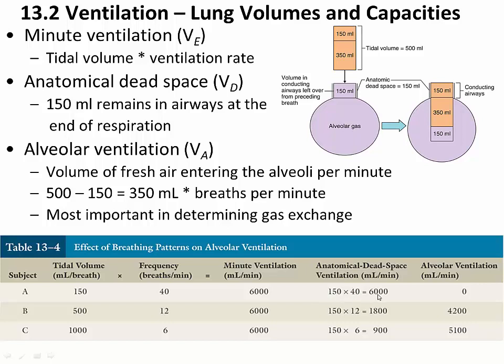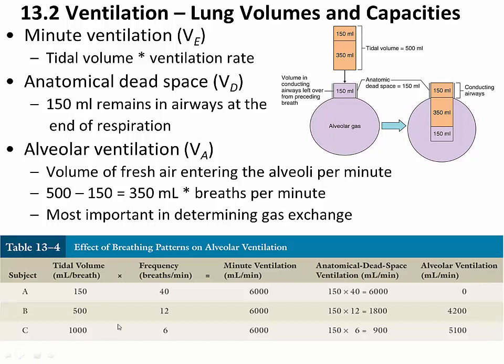So we have a total of 6,000 mils of deoxygenated air that makes its way down into the lungs. And so if we subtract the anatomical dead space ventilation from the minute ventilation, we have 0. In other words, we have no oxygenated air that's making its way down into the lungs, and breathing in this manner eventually will result in loss of consciousness.